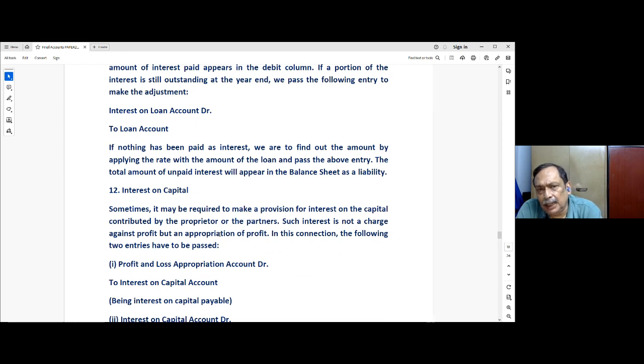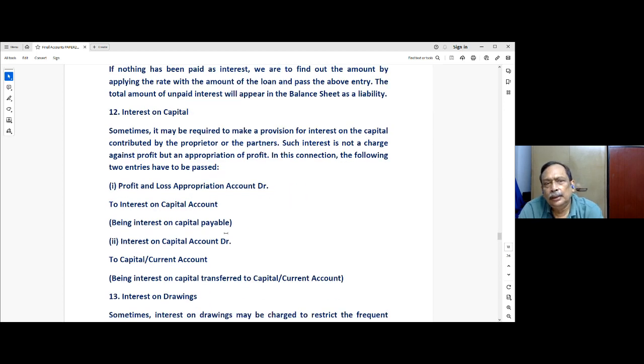If nothing has been paid as interest, we have to find out the amount by applying the rate, the amount of the loan, and pass the entry that is interest on loan account debit to loan account. The total amount of unpaid interest will appear in the balance sheet as a liability. Now, we are coming to number 12, interest on capital.